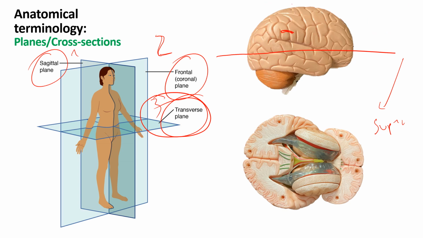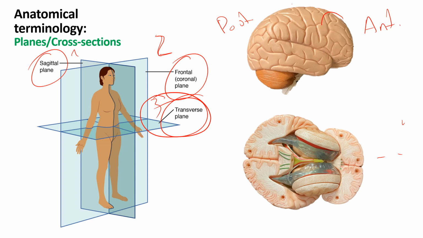If this is the anterior, this will be the anterior part. If this is posterior, this will be the posterior part. But this is the superior view, and this is a transverse cross section, right? So that's the way you're going to practice and get familiar.